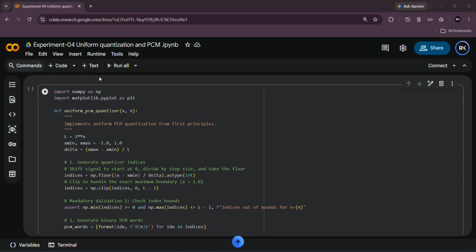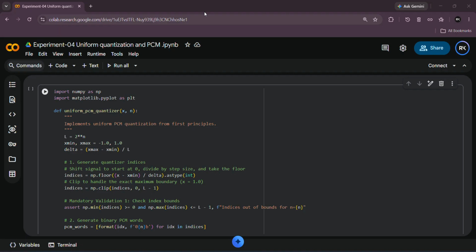Today, I am going to walk you through a simulation of uniform PCM quantization, one of the foundational processes in digital signal processing. Whenever we convert an analog signal like sound or a sensor reading into a digital format, we have to quantize it.